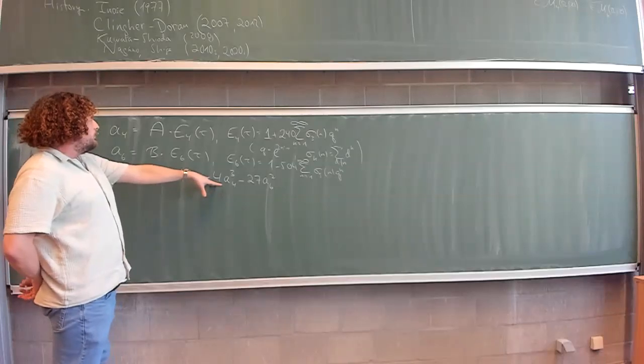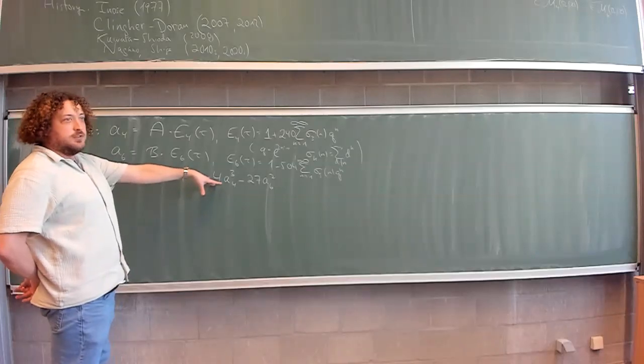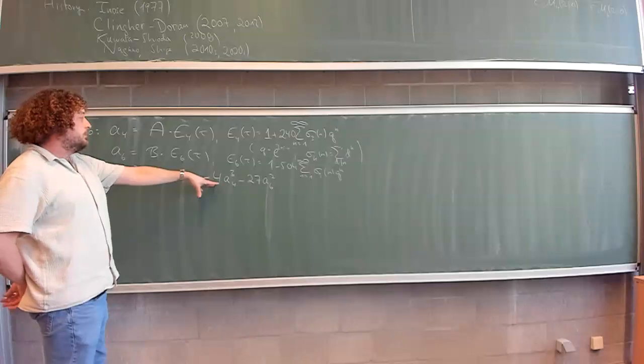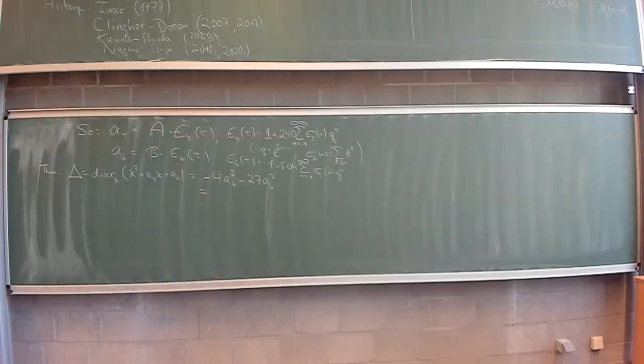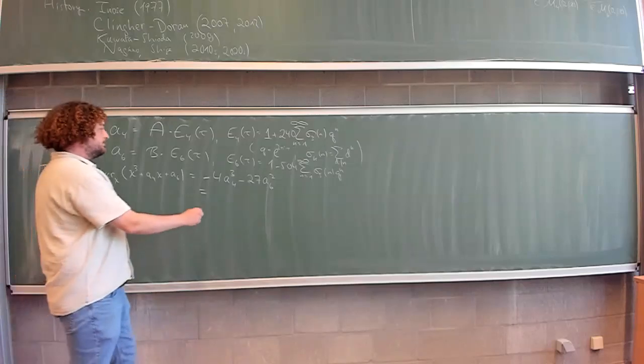So this is some modular form of weight 12, which is never 0 on the upper half plane, and that forces it to be a multiple of the famous delta function.